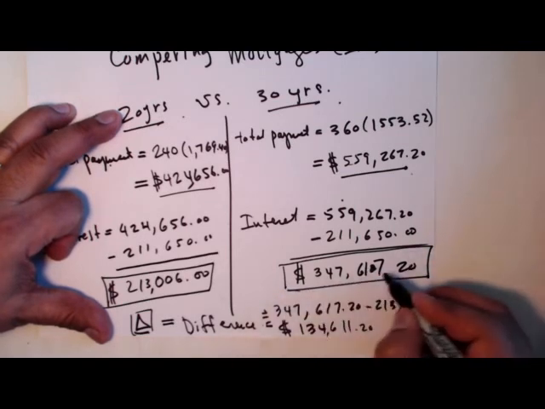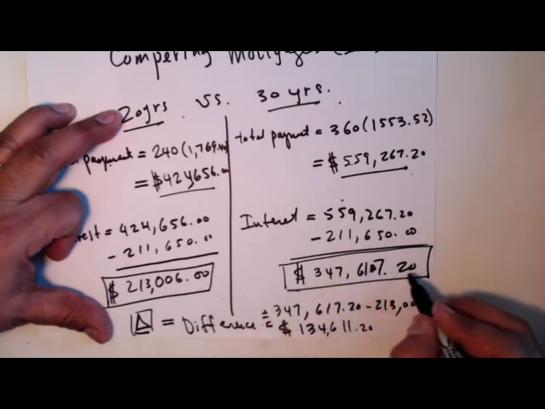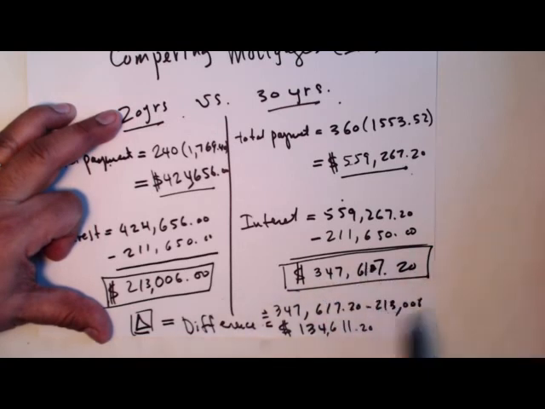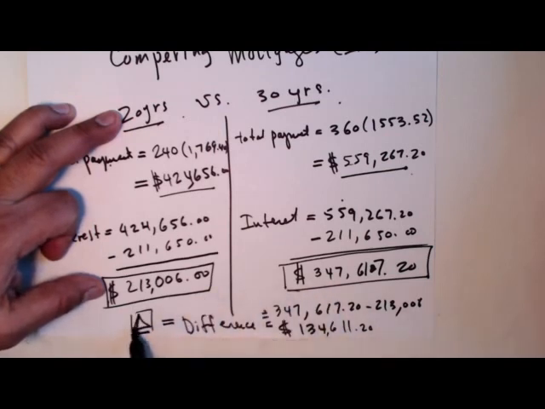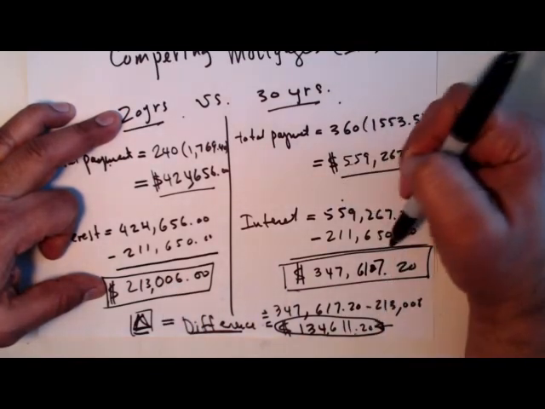This is 347,617.20. And if you take the difference, right, you will find that the difference is this amount, and this is the amount that basically if you take a 20-year loan, you save versus a loan that you take for 30 years.